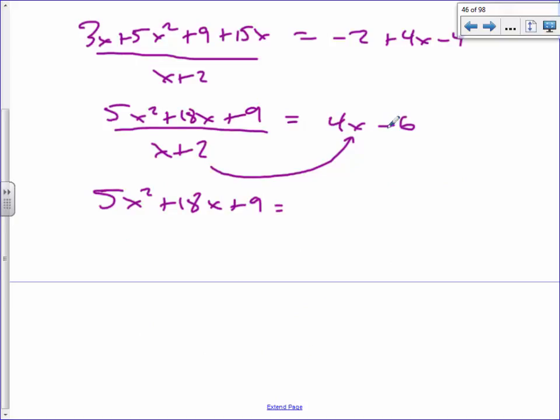And this 4x minus 6 has to times by x plus 2. How do I write that, though? Well, I would put it in brackets. The 4x minus 6 has to times by the x plus 2. Which means we got to FOIL it again. Ah, there was another knot tied in there, and I have to straighten that one out. That makes sense? So we have to do another FOIL. Yay.